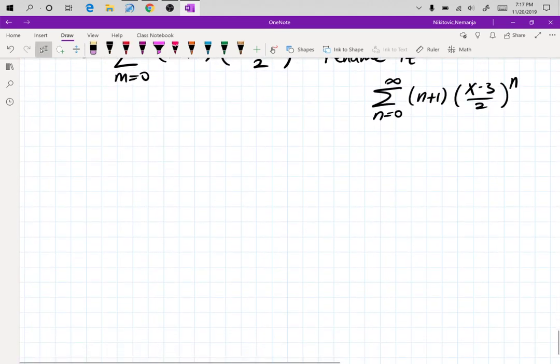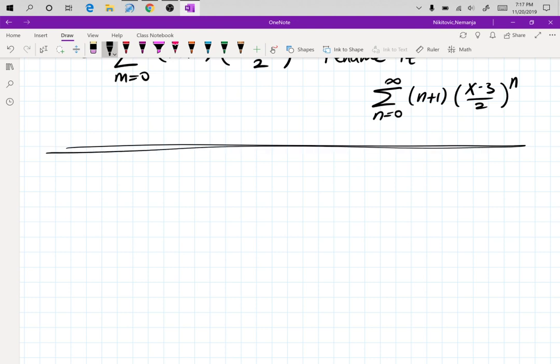Let's say that you want to solve the integral of e to the x sine x dx from 3 to, let's say, 3.1, and you don't want to go through the whole procedure. Can anyone tell me what is insanely important as you are working on power series for this problem?